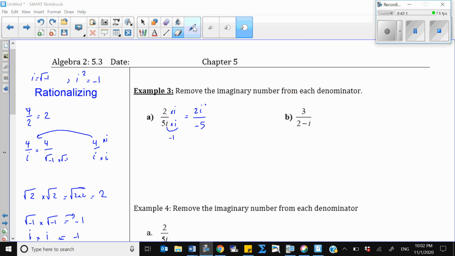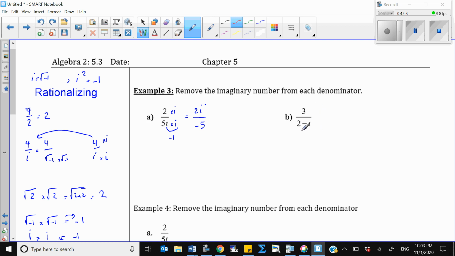Okay, now let's work on the next example. Here we have 3 over 2 minus i. We want to get rid of the i in the denominator, but the difference between this one and the previous problem is that we have a complex number. That means we have an integer, then plus or minus an imaginary number. This is called a complex number.